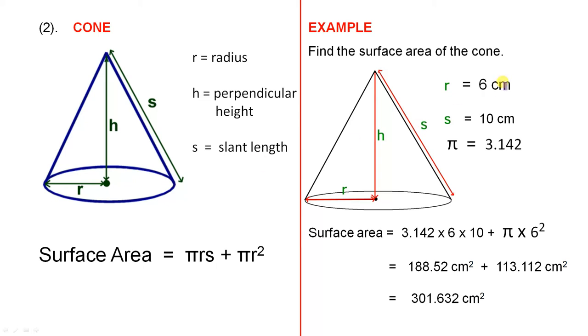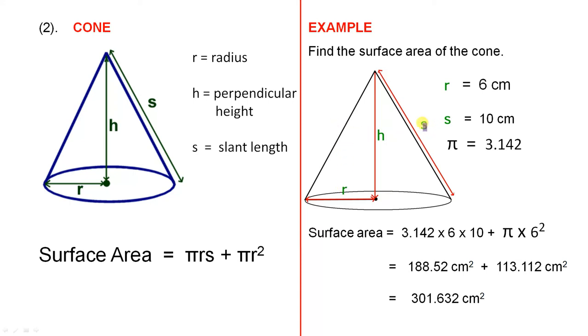So to do a particular example, here is a cone with a radius of r, which is 6 centimeters. The slant side is 10 centimeters. There it is there. Okay, and then we have the height here, which we don't need because we've already got the slant side. Sometimes we'll just be given the height and the radius, and we have to find the slant side.